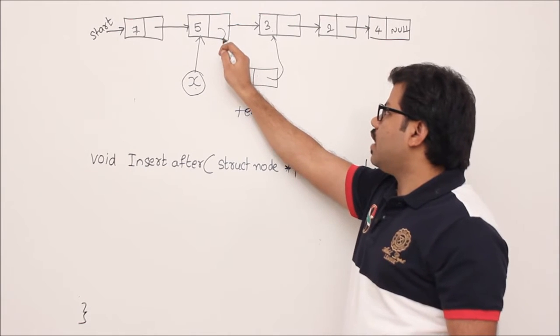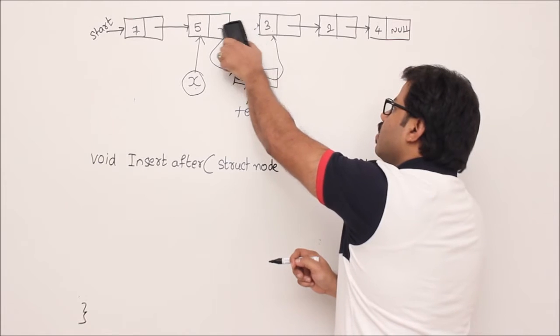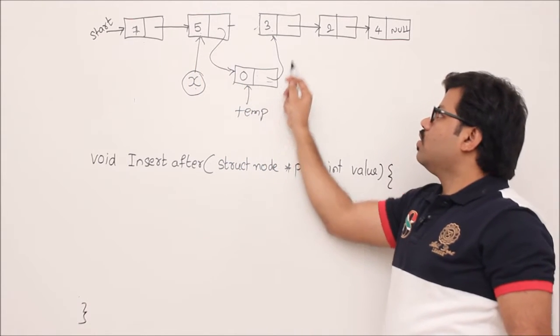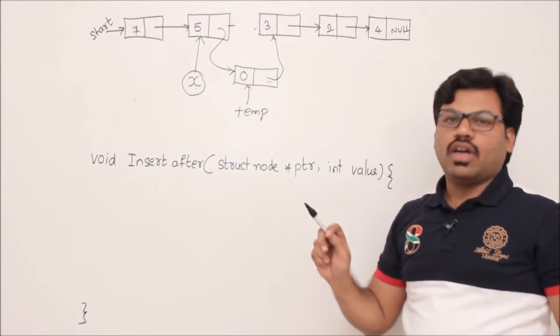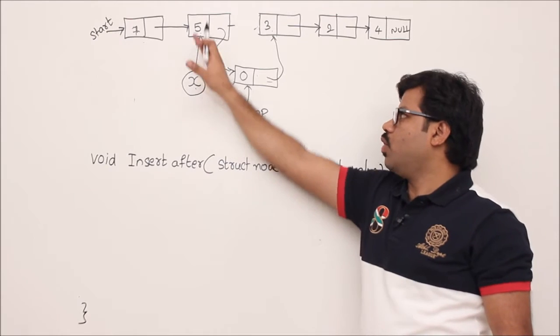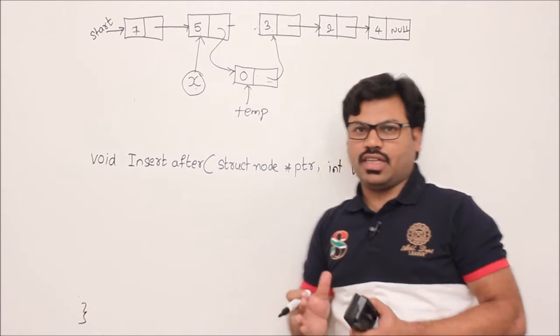Then this link I will change and update to here. If I do that, you lose this old link, still no problem. What happens is 5 to 0, 0 to 3, 3 to 4, exactly like inserting after node 5. So how to do that programmatically, we'll see.